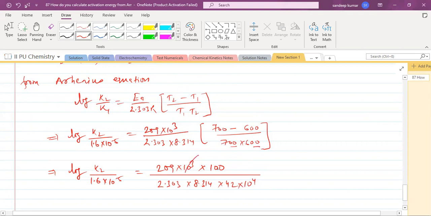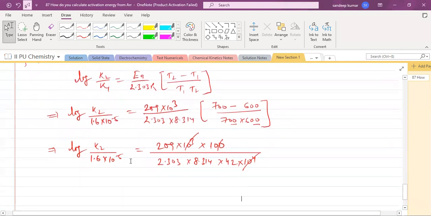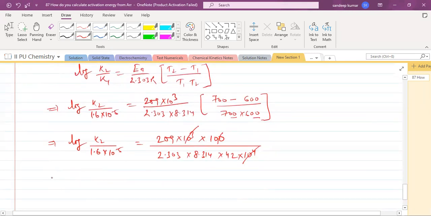Okay, so 10 to the power 3 and 140 cancel, right? And if you solve this further, you'll get log of K2 upon 1.6 into 10 to the power minus 5 is equal to, on the RHS, 2.5989.